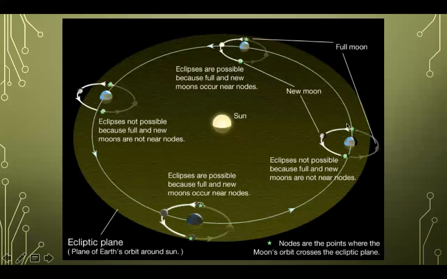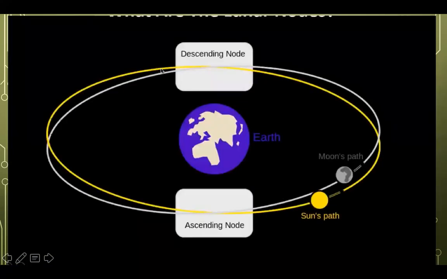Okay, so back to this one. Keeping that spiraling motion in mind, there are only 2 seasons in which eclipses are possible, and I'll tell you why. The moon's path and the sun's path aren't aligned perfectly. So as the sun moves through the sky, you have an inclination in the orbit. And as such, the ascending node is when the moon is above the line, above the sun.